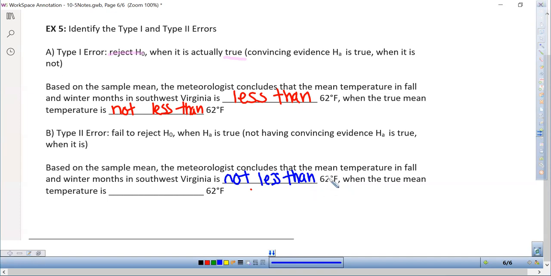I'm saying that I don't have evidence for this when the true mean of temperature is actually less than 62 degrees Fahrenheit. Okay, so when it's a type 1 error, I'm rejecting the null when I shouldn't have. And when it's a type 2 error, I'm not rejecting the null when I should have.